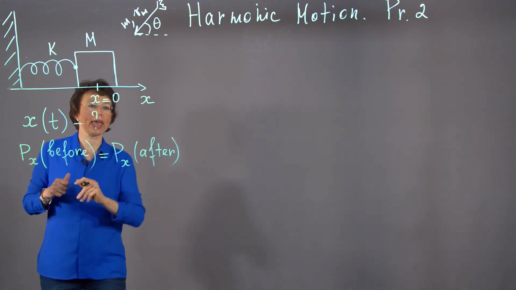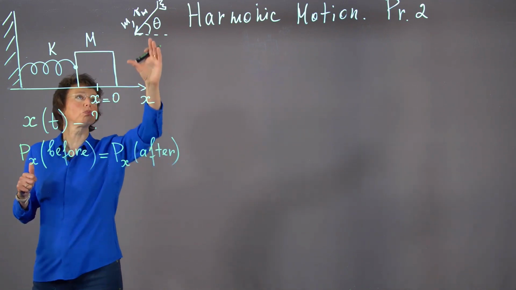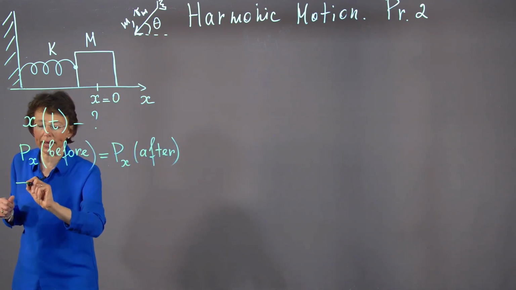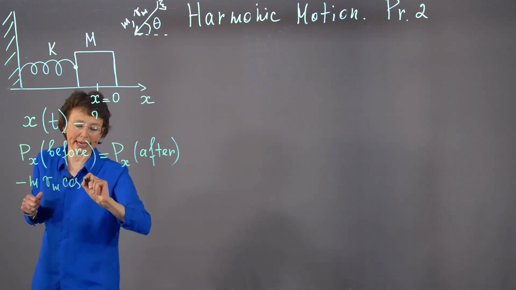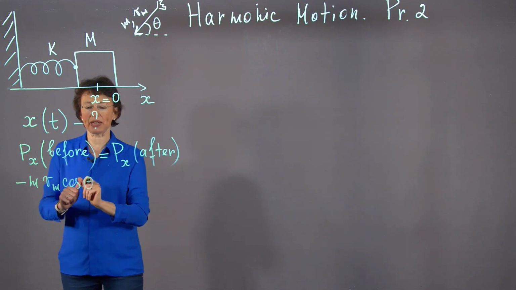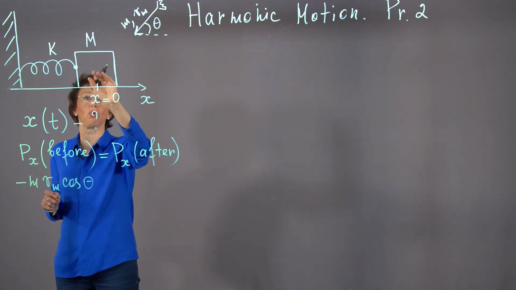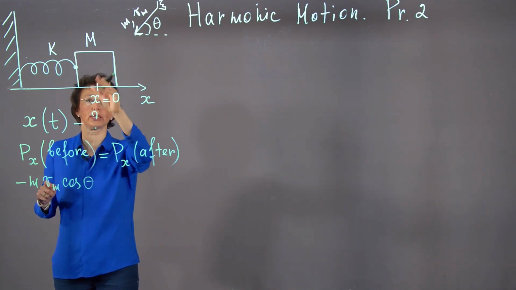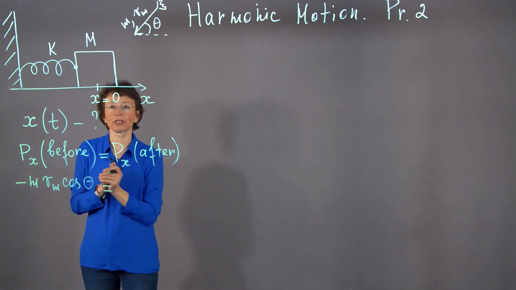My choice of x is to the right, which gives me the momentum of this arrow as minus m v_m cosine theta. The projection of velocity is negative, so momentum is negative with my choice of coordinate system. And the momentum of this block before the collision is 0, it is at rest. What is P_x after?